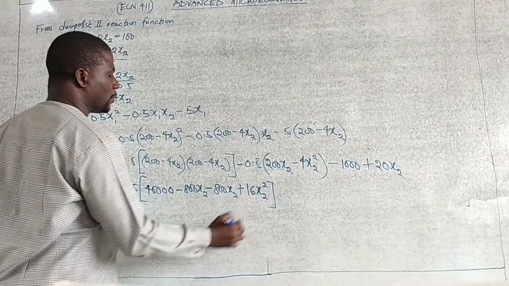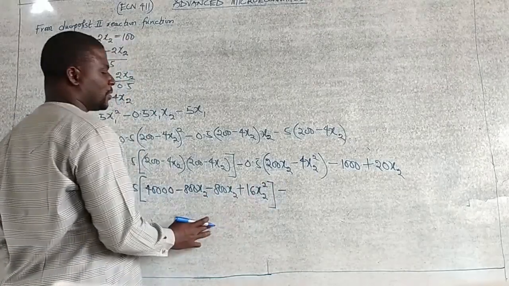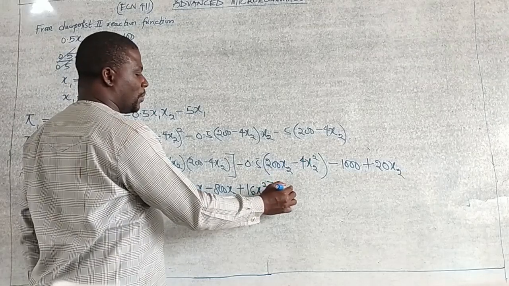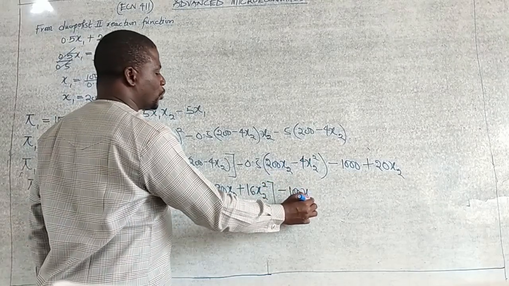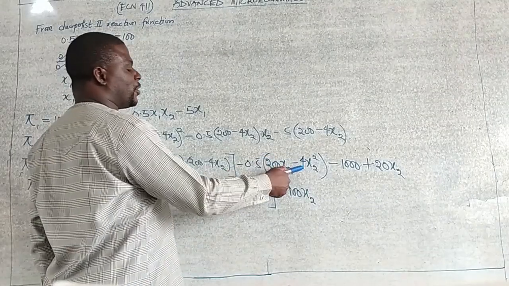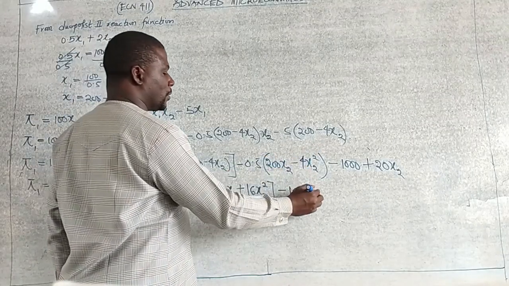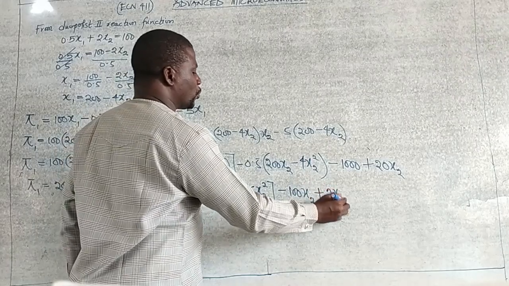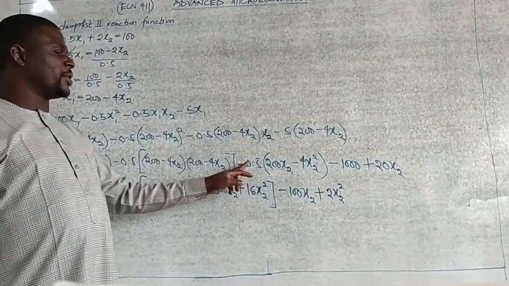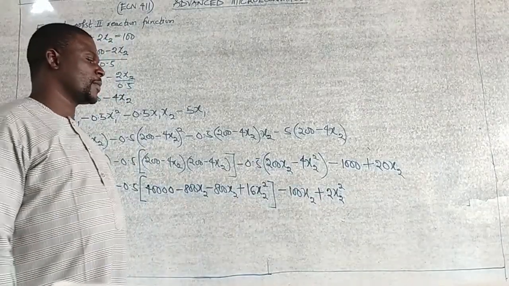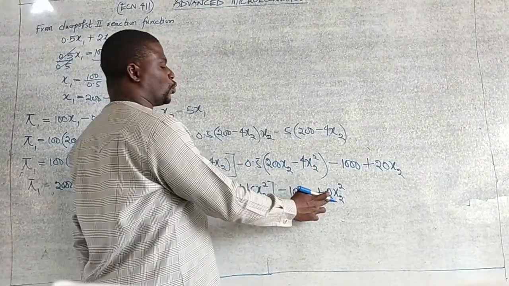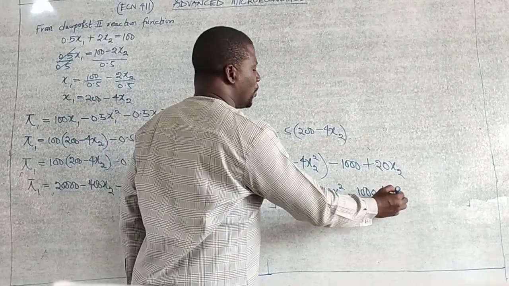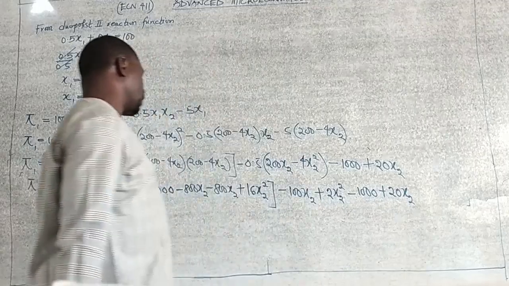Then minus, open this bracket, 0.5 times 200 x2 minus 100 x2, minus 0.5 times minus 4 x2 squared, plus 2x2 squared. Do you agree? Yes, because minus times minus is plus. 0.5 times 4 is 2. Then minus 100 minus 1000 plus 20 x2.